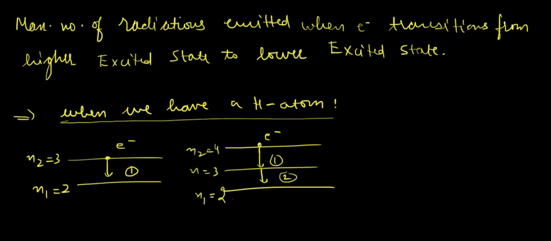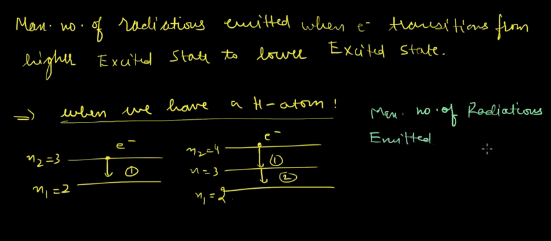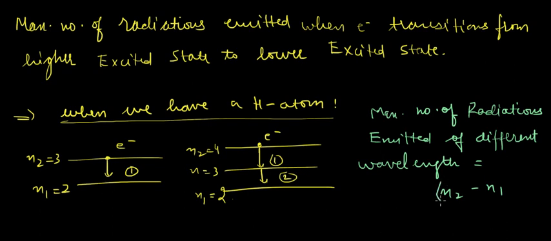So here the maximum number of radiations emitted of different wavelength would be n2 minus n1.